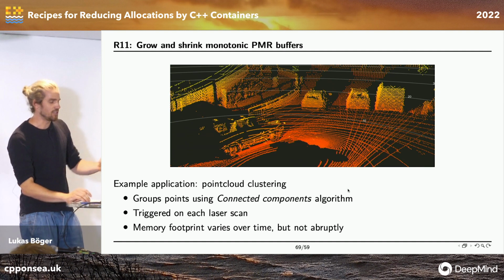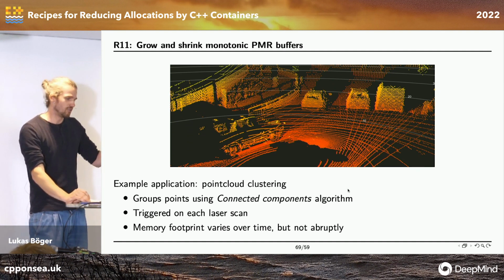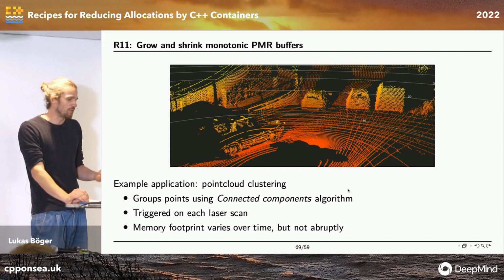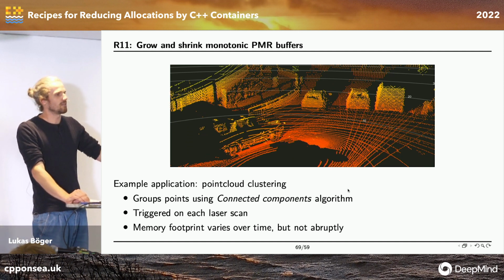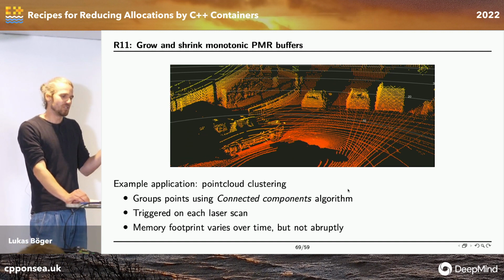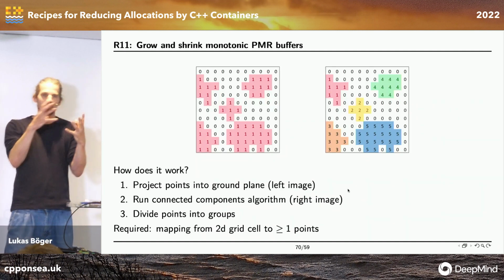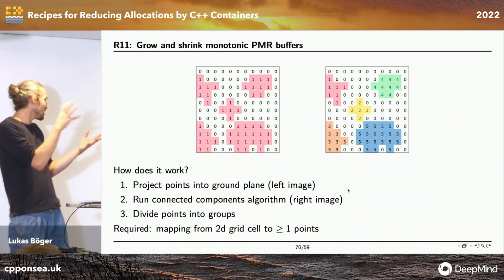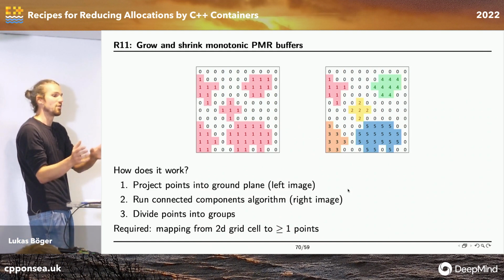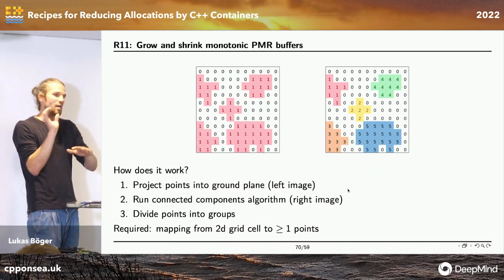So what I have in mind here is clustering of points from a laser source, okay? That's something you would do in robotics when you have a robot that has a laser and it gives you a point cloud, and you filter these points by whatever algorithm, and then you need to turn it into groups of points. You would project these points into the ground plane. That's what you see on the left, where you have a binary measure.